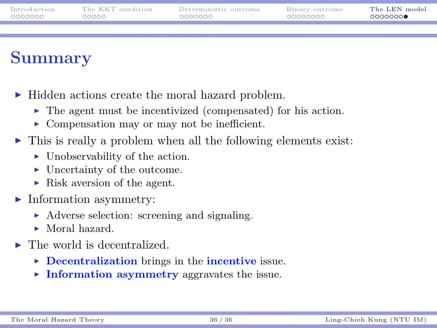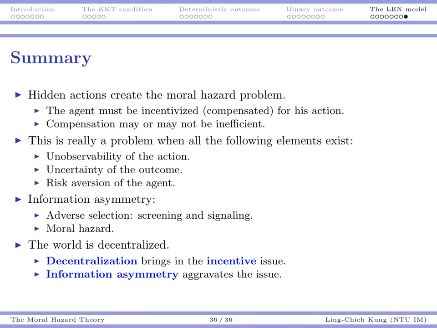Sometimes I cannot. And the factors that determine whether the outcome can be efficient are here. Okay? Delegation is really a problem when all the following elements exist. The action is unobservable, the outcome is uncertain, and the agent is risk averse. If we have all of them, then we have moral hazard. Otherwise, delegation does not really create a problem.